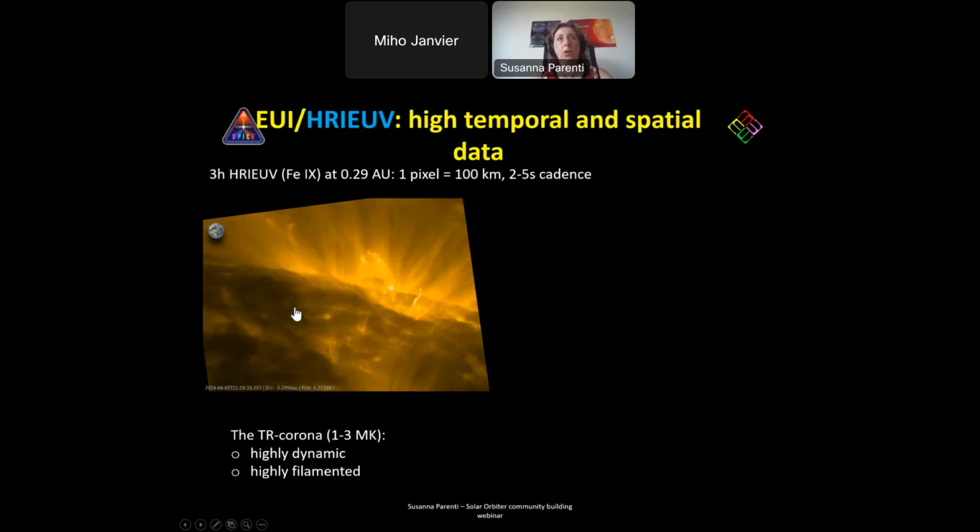We are in an active region, so you see lots of dynamics at all scales. The corona is highly filamented. There are lots of things happening there, and you want to try to explain what we see here.